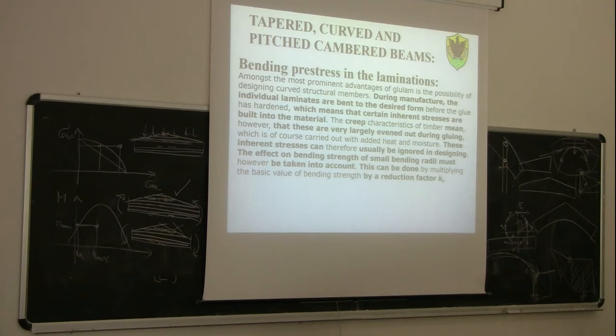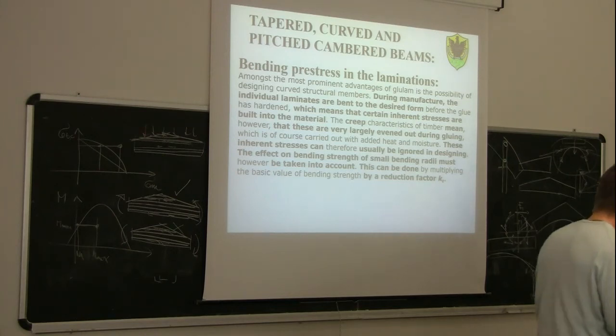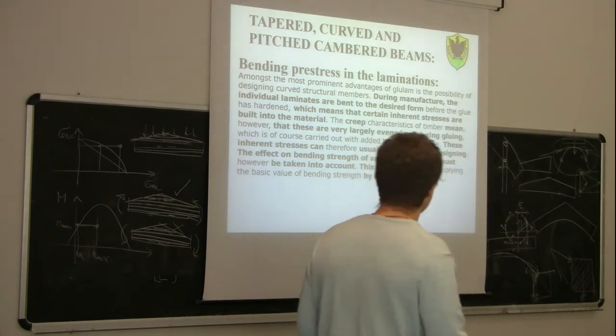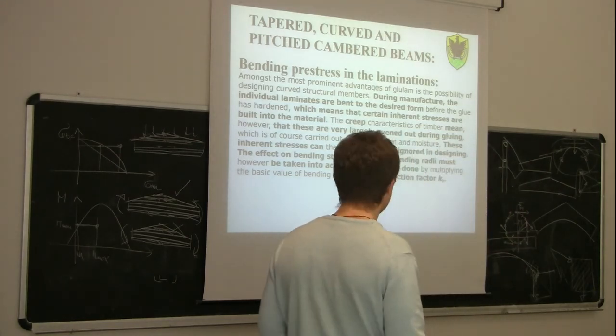There are some limits: with a normal 40 millimeter thickness board, you can't go to a radius of curvature of say 3 meters, because you would probably break the board itself. So you have some limitation. However, if the radius of curvature is quite small, you may have some significant eigenstresses anyway.